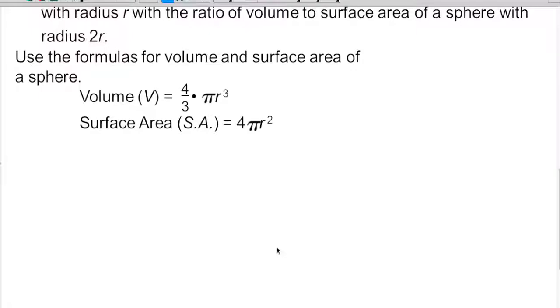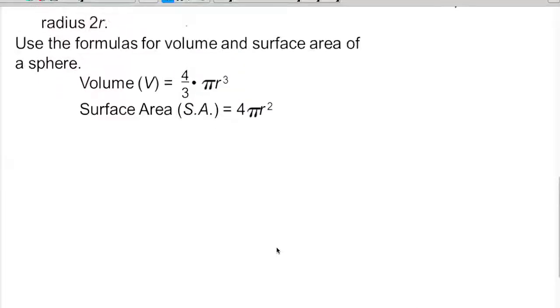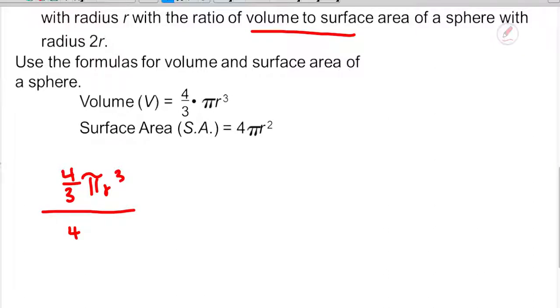So we know one has radius r, one has radius 2r, and again, it's telling us volume to surface area right here. So we're going to have 4/3 pi r cubed all over 4 pi r squared.